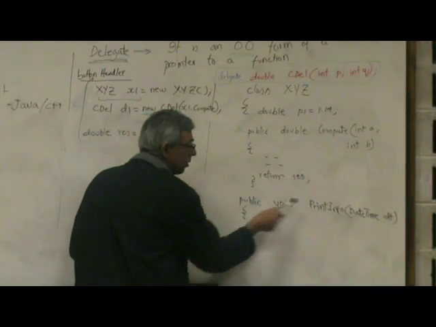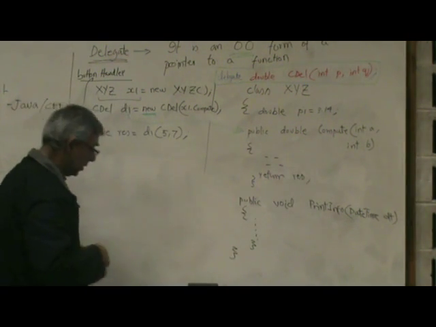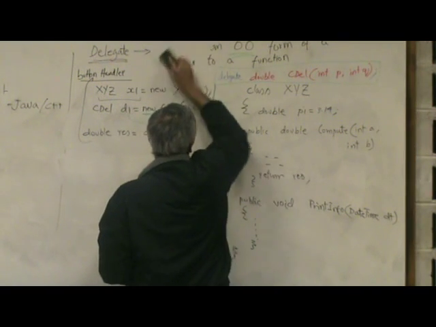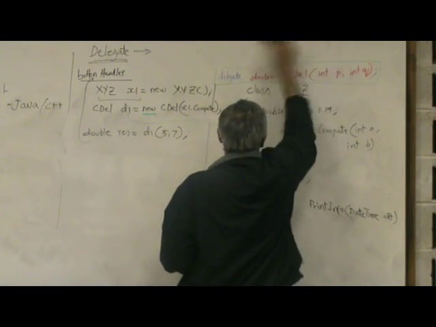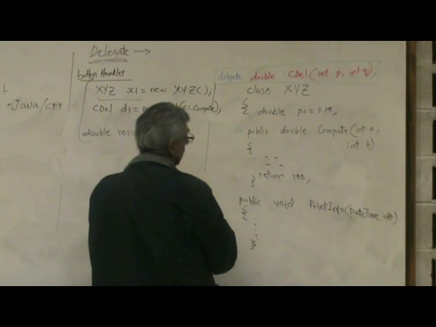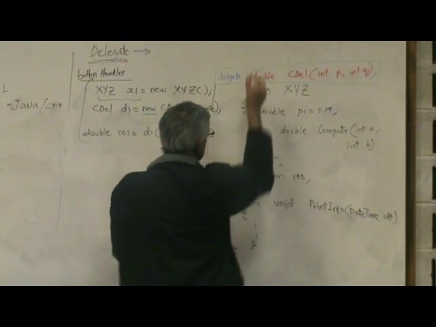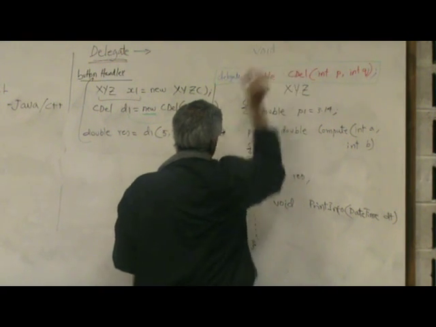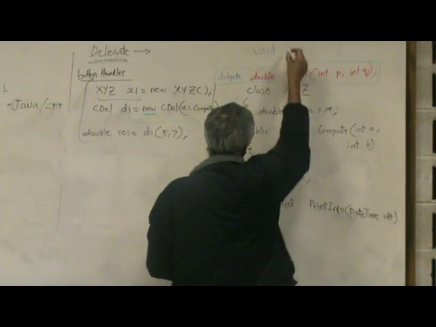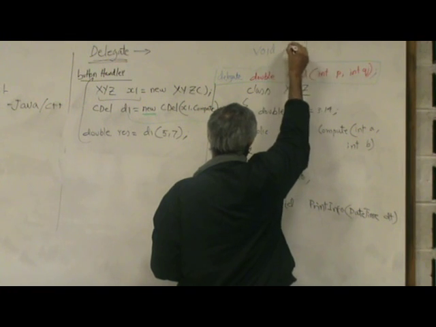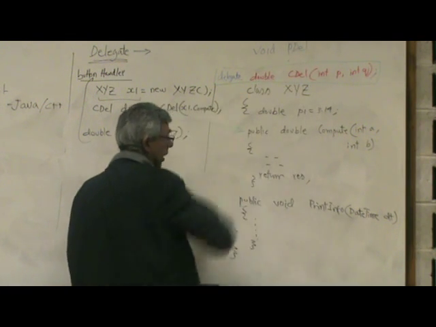match the signature or the prototype of this function. So somewhere above the class, let's try to match the signature first. So it is void, correct? Print info, you can call it pdel. You can call it anything, or print del, whatever you feel like.